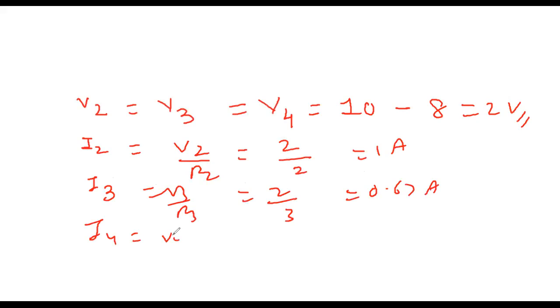I4 is V4 upon R4, 2 upon 6, that is 1 by 3, 0.33 ampere. So we got this answer. Or suppose there was no need to find voltage and only current is asked. Then I am telling a shortcut: if we know total current directly, how to find I2, I3, I4.